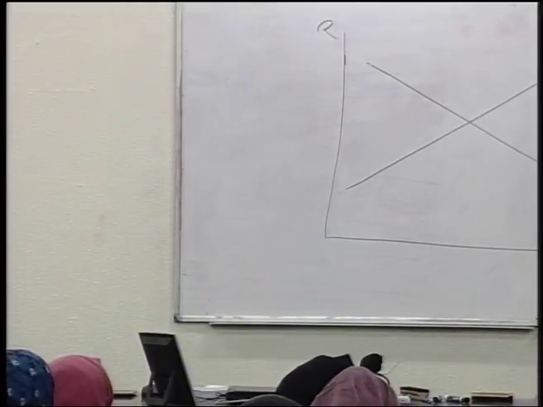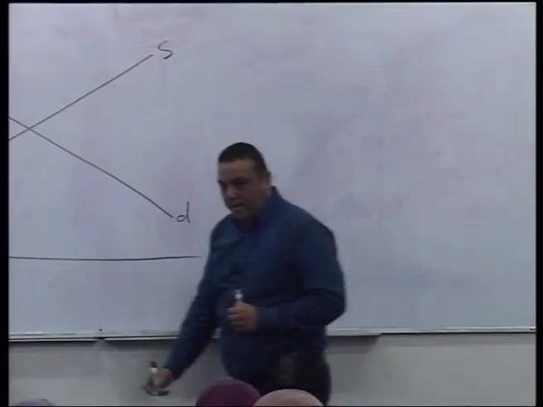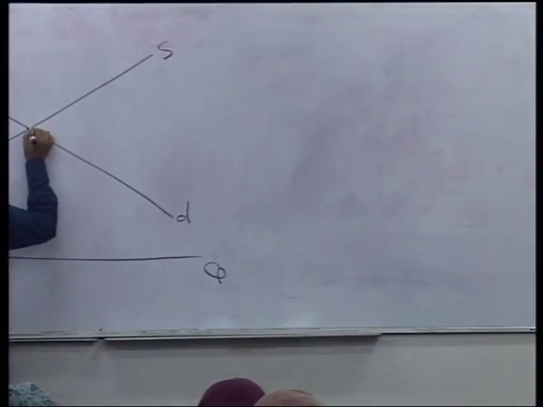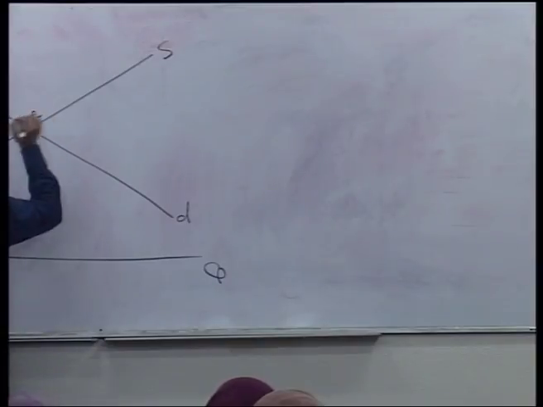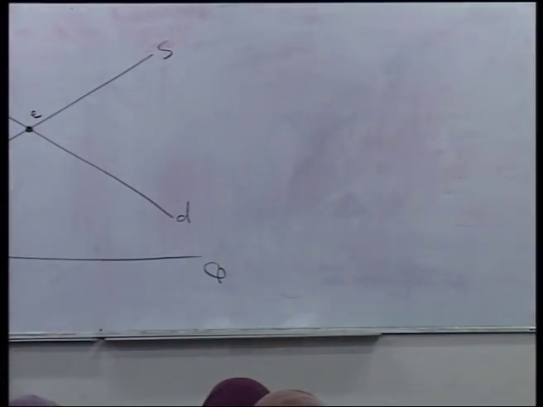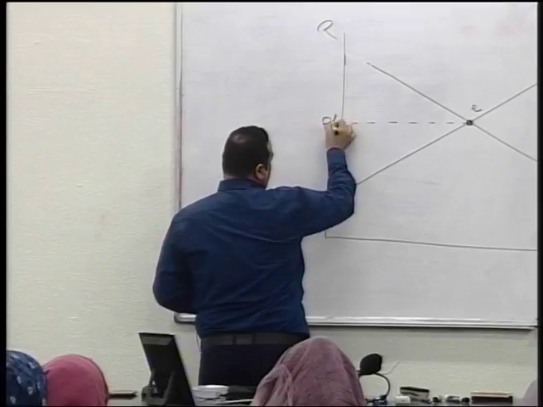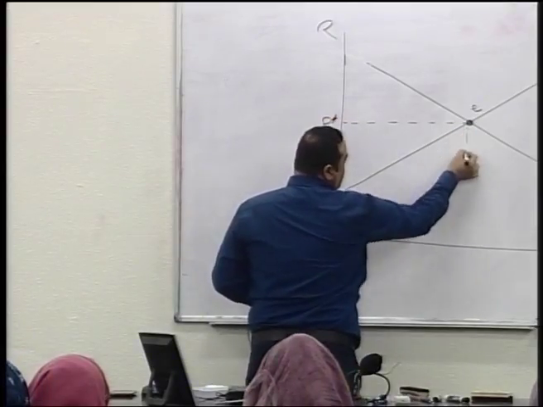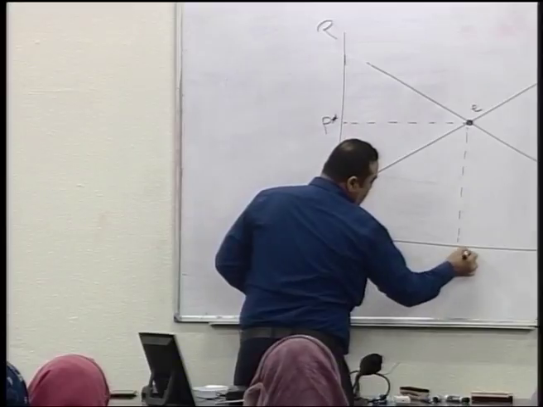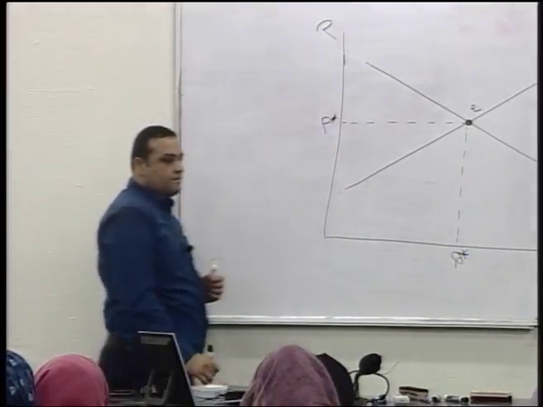The equilibrium occurs when demand equals supply. This is the equilibrium point. At this point, we have the equilibrium price, P star, and this is the equilibrium quantity, Q star.